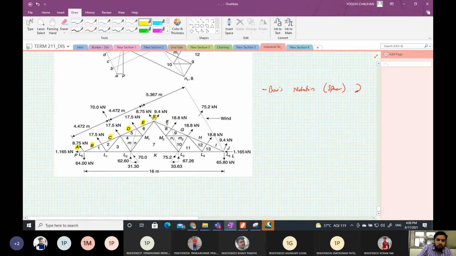We give the notations so that most of the member notations are the same as our dead load. So this is one additional space created for the wind load case.